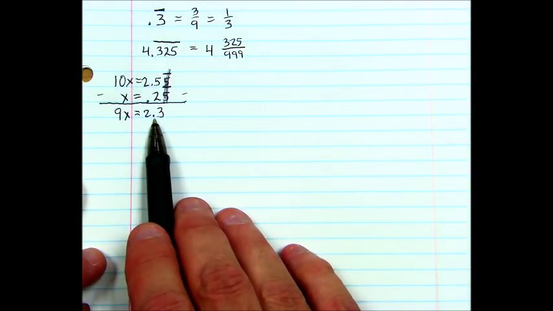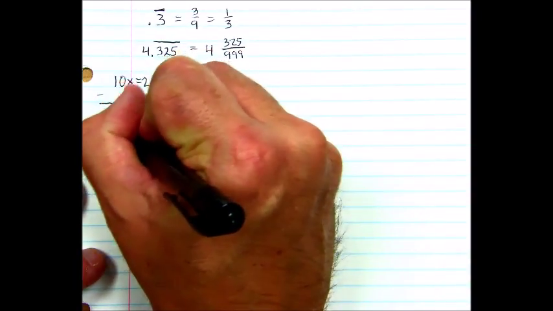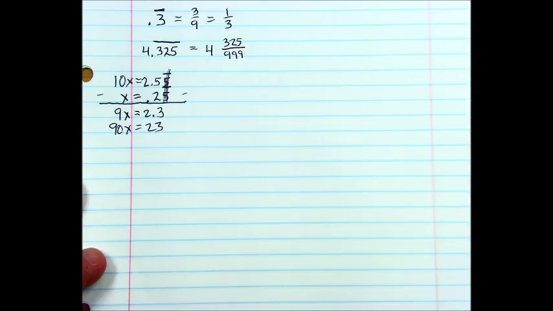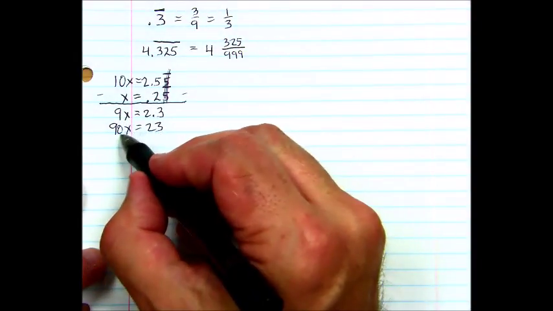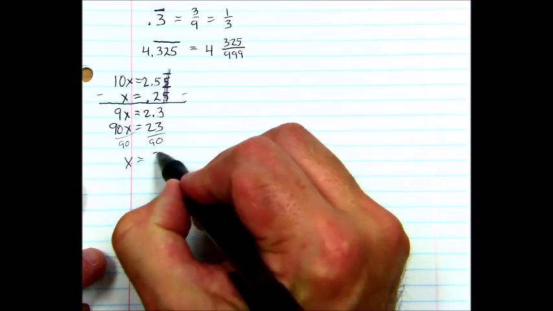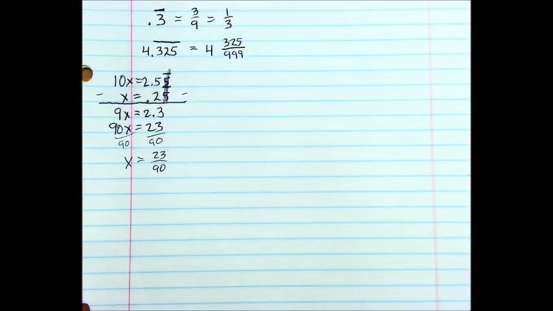Fractions do not have decimals in them, so I'm going to multiply both sides by 10. 90x equals 23. Then I divide by 90 to get my final answer, 23 over 90.